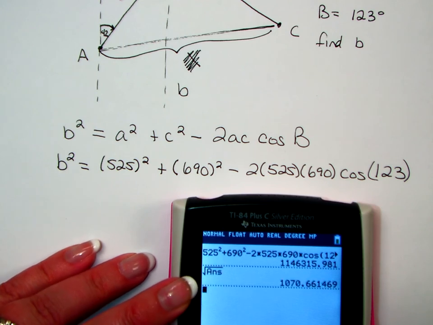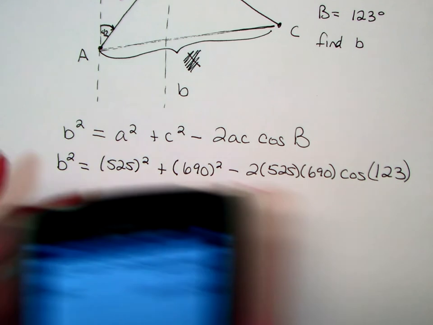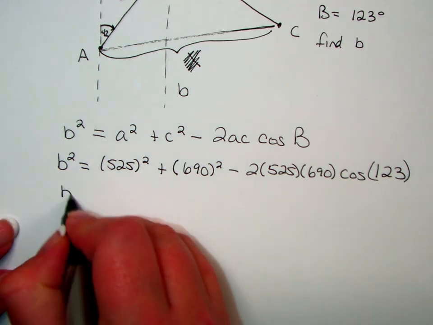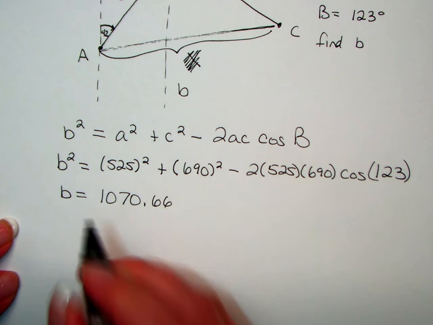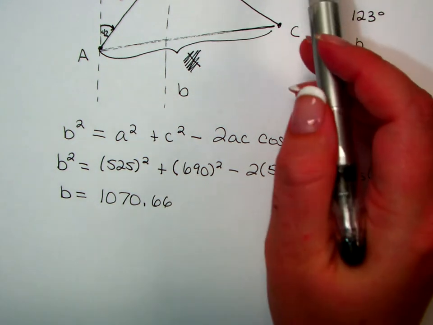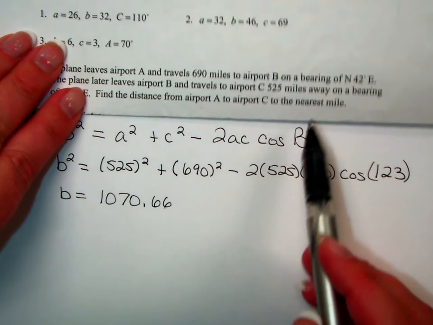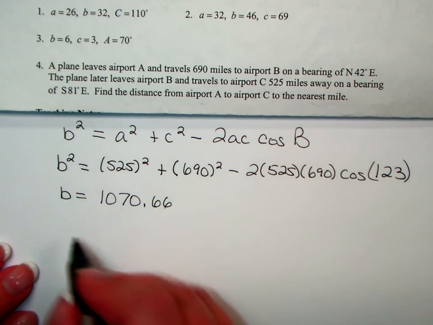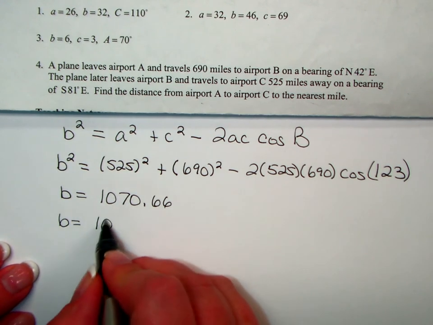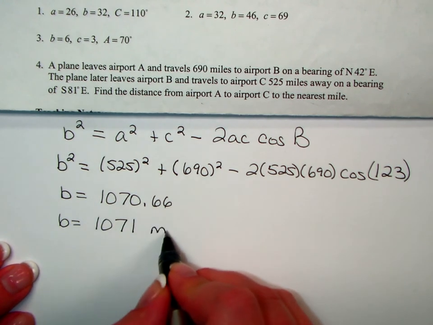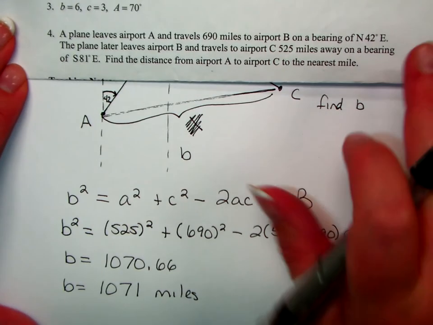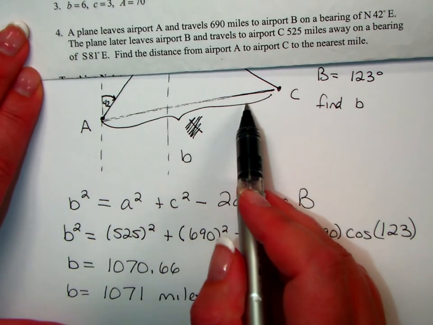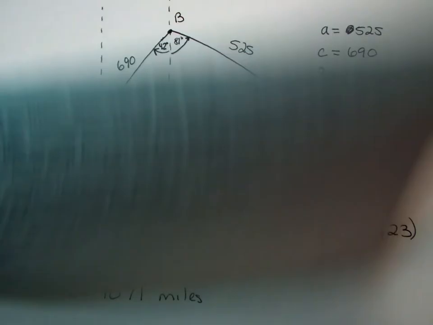And I got 1070.66. So little b is 1070.66. If we round this to the nearest mile, like it says, it's 1071 miles away. So airport A is 1,071 miles away from airport C.